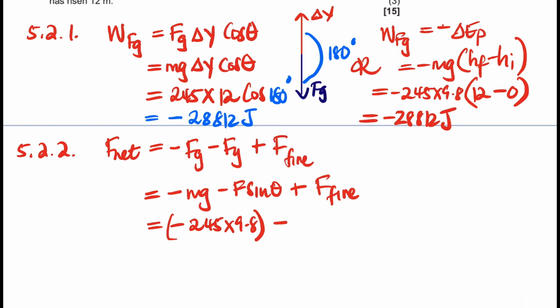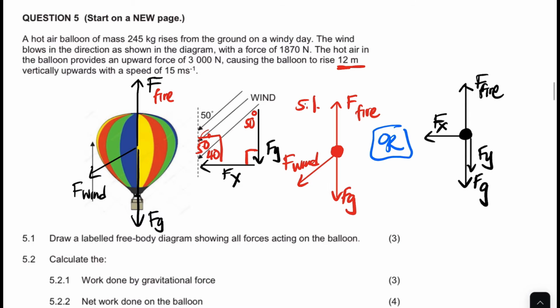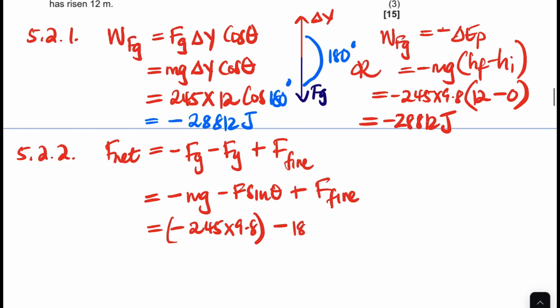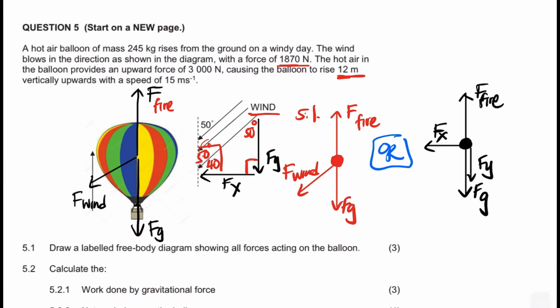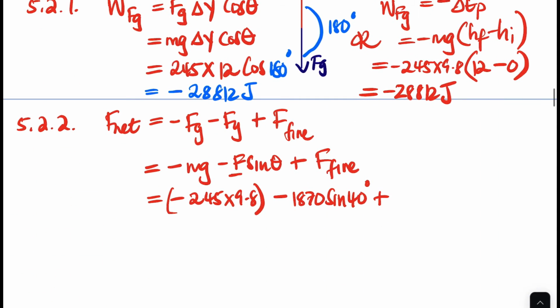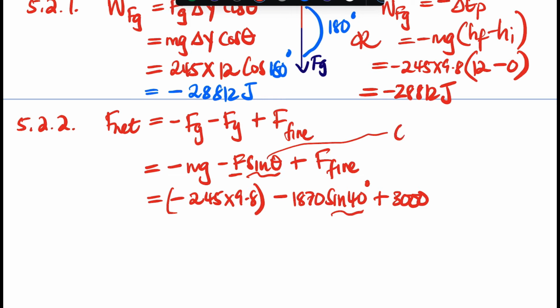But you can use, okay, let me show you. So it's going to be the force of fire and the force of wind, it's 1870, which is this, sine 40, plus the force of fire. We were told the force of fire, the hot air, is 3000. Guys, here you can even use, instead of sine 40, cos.